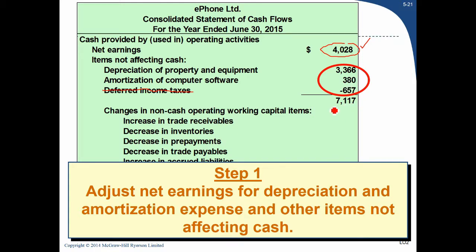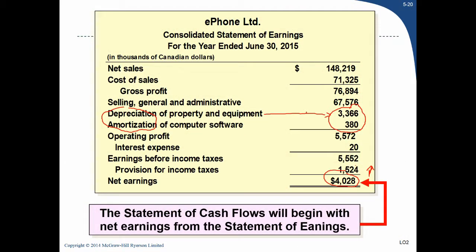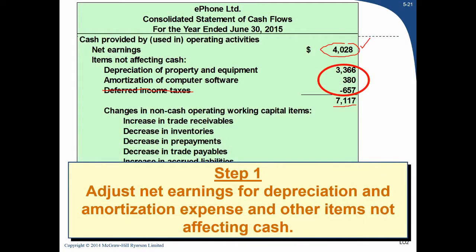But you can see that once we adjust net earnings for these non-cash expenses, it increases to $7,107. So that's saying that our net earnings, before we booked these accounting expenses, we would have earned $7,000 in cash, right? But the accounting expenses are creating a bit of noise in the earnings.